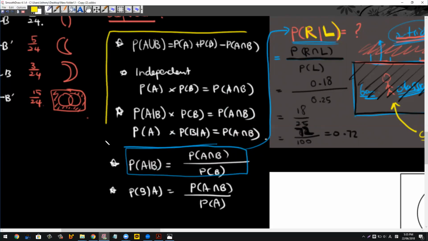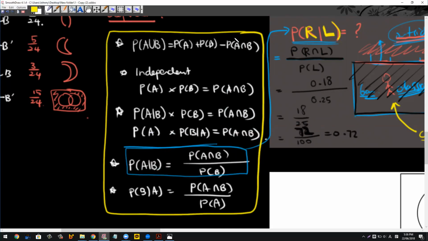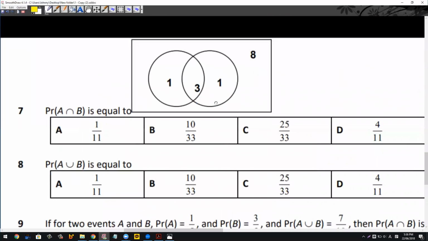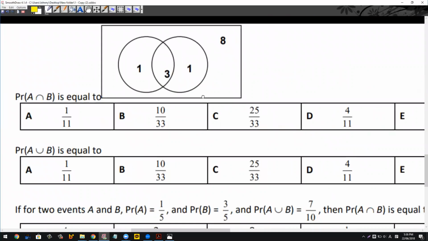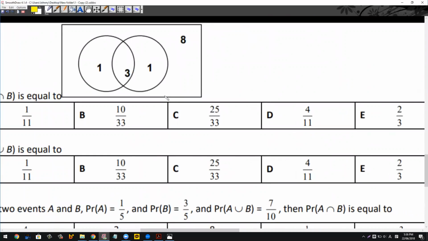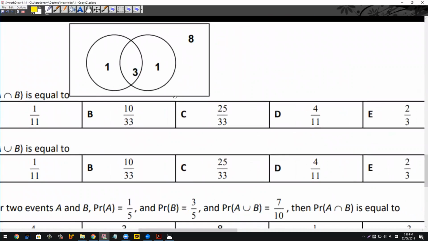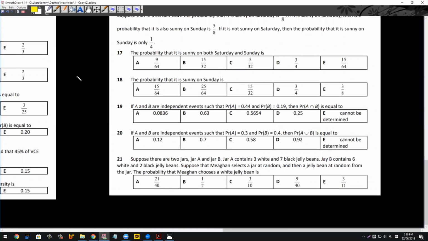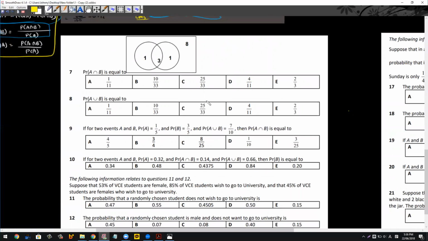I'm going to try some questions. Okay? Now, have you tried this question last time? Question 7. I'm just going to zoom out. Yep, we're here.